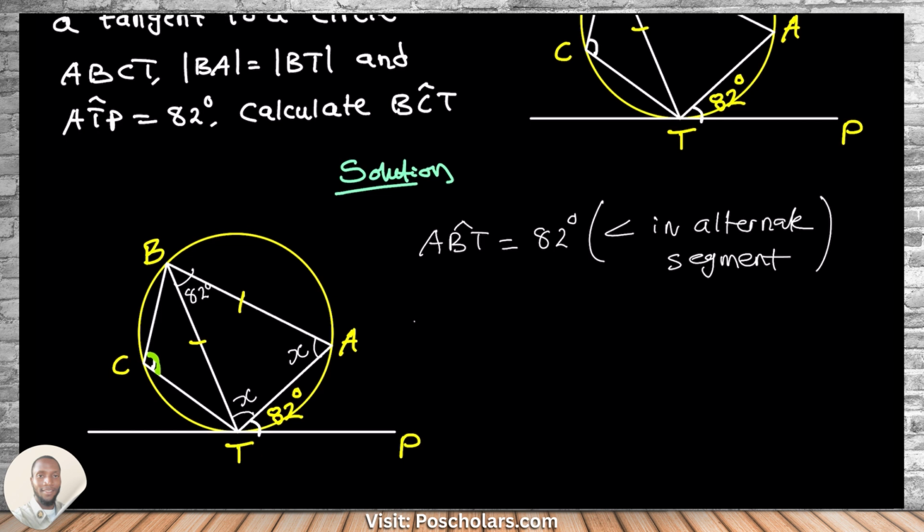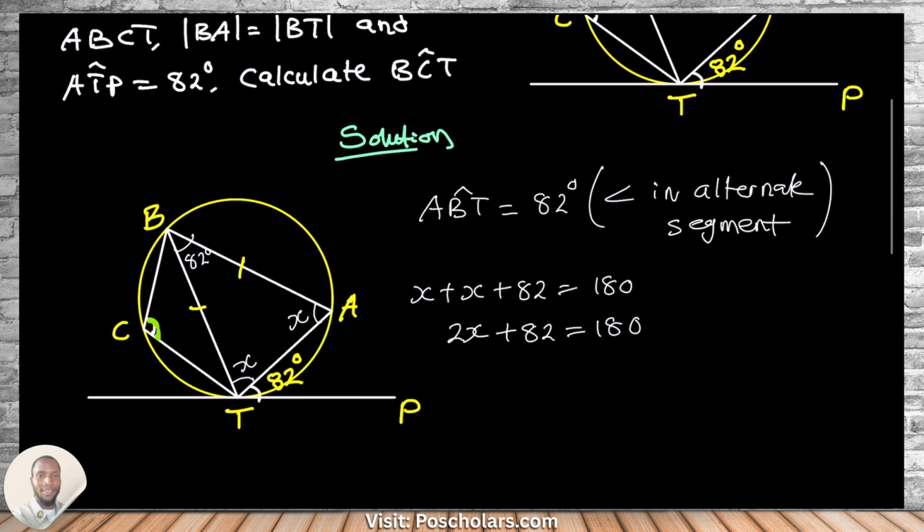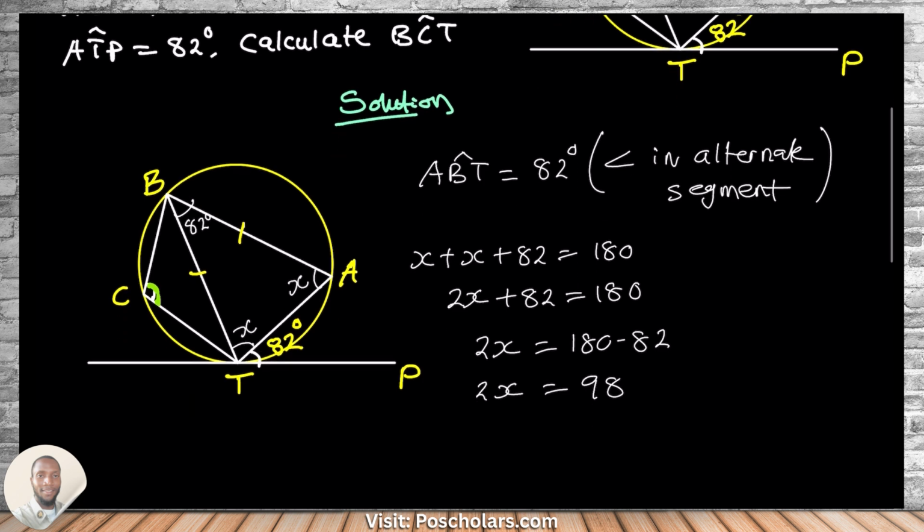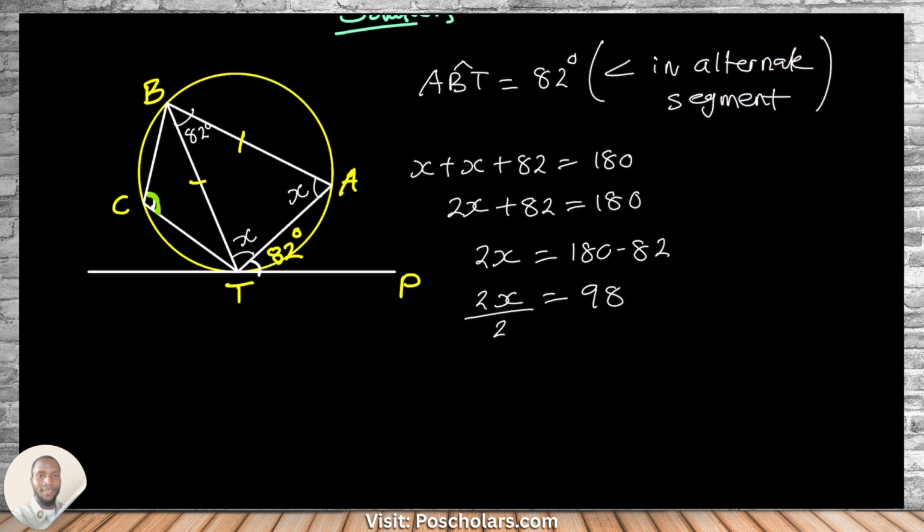Doing so, we have x plus x plus 82 equals 180 degrees. x plus x gives 2x plus 82 equals 180 degrees. We subtract 82 from both sides, then we have 2x is equal to 180 minus 82. 2x is equal to 98. Dividing both sides by 2, the 2 cancels, so x is equal to 49 degrees.